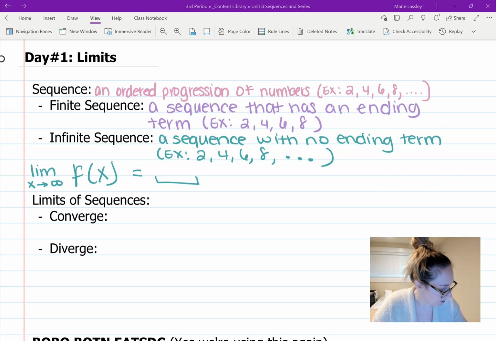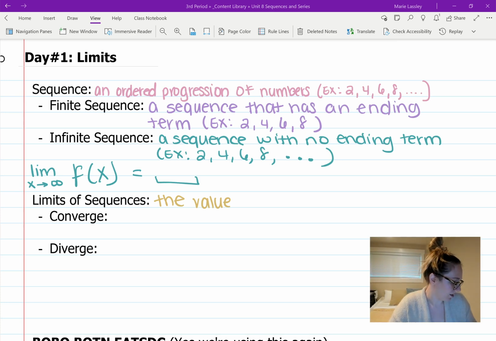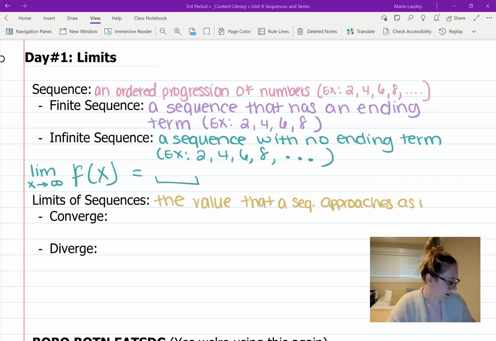The value that a sequence, just shortening it to SEQ because sequence gets long to write out all the time, approaches as it goes to infinity.